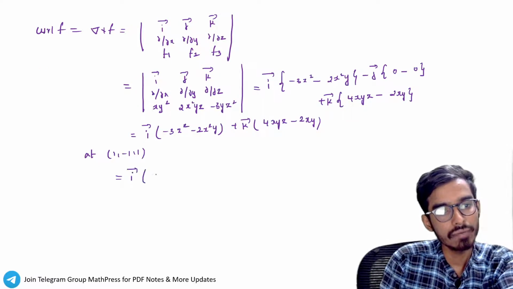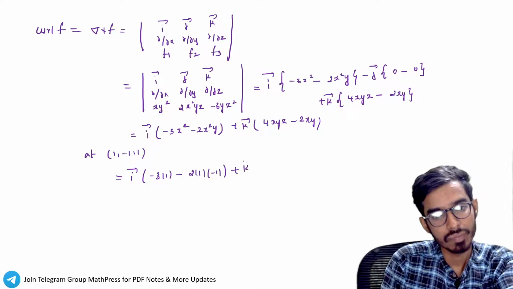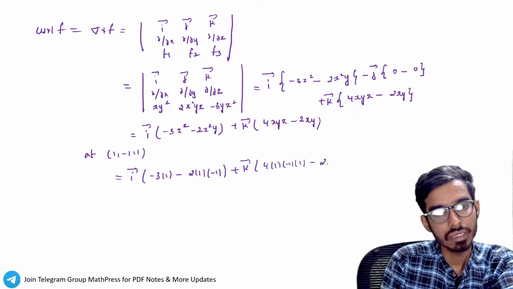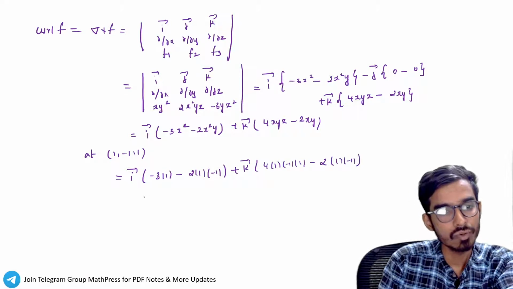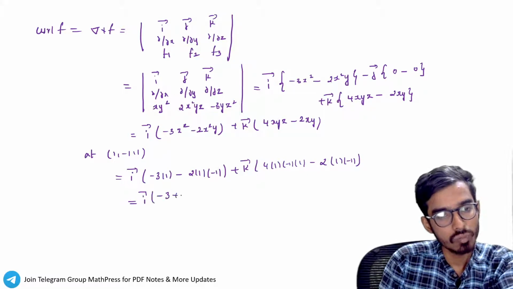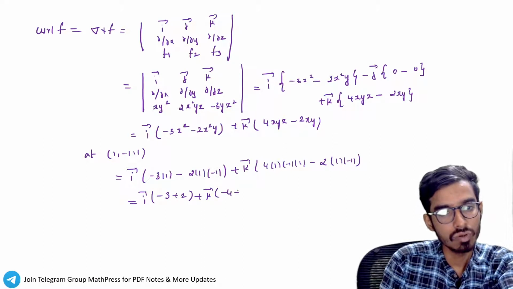So this will be i vector into minus 3 into 1, minus 2 into x square into y, plus k into 4xyz minus 2 times x into y. So here we will have i vector into minus 3 plus 2, plus k vector into minus 4 plus 2.